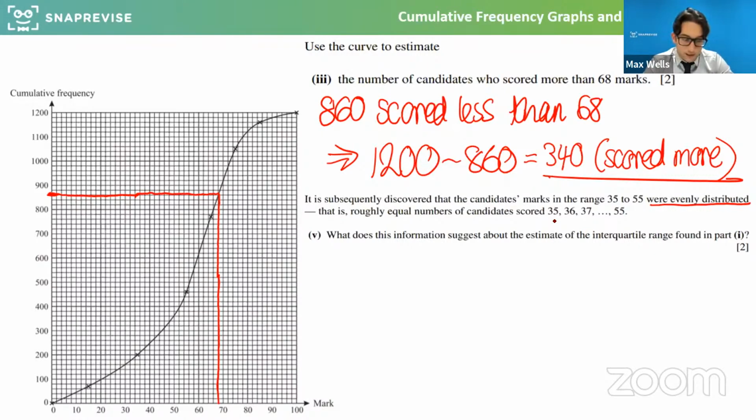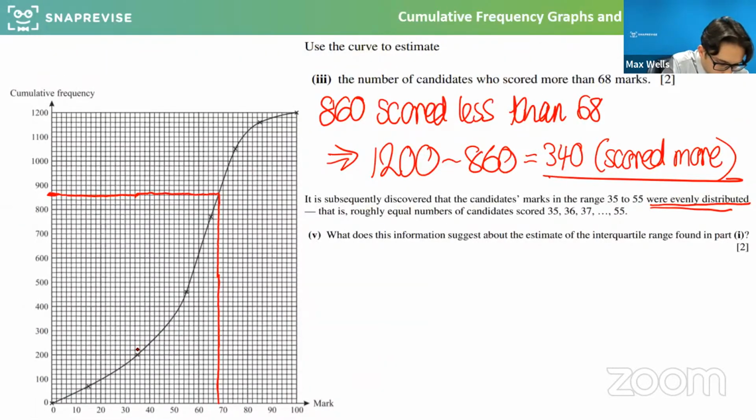This is a really brilliant question to look at, because this sort of thing, people are really unsure on how to interpolate graphically. So in part I, we found out an estimate for the interquartile range. Now, if we're being told that it was evenly distributed between 35 and 55, that actually means that we would say it's got a sort of nice consistent gradient.